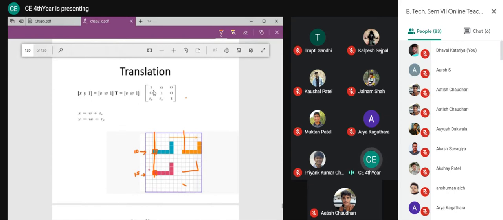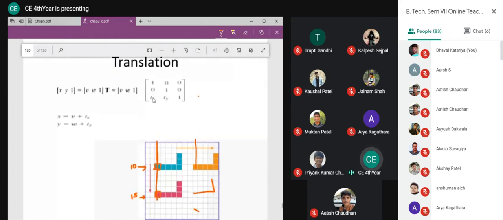So how to obtain it? In my x coordinate I want v as it is, but also some constant added. So my translation matrix will be 1 0 tx, 0 1 ty, 0 0 1, whatever variable you want to use.